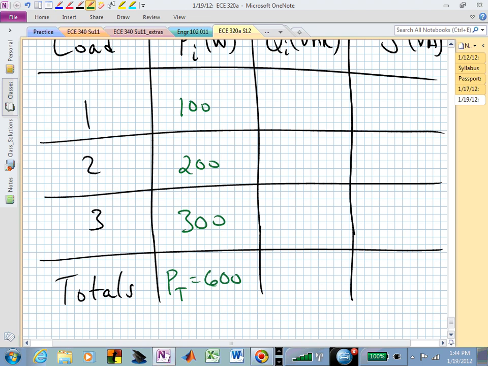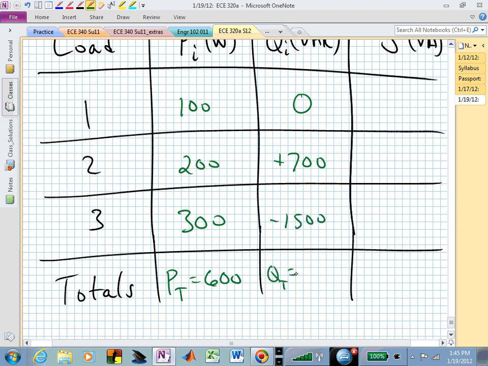For the reactive piece, the first one didn't have any. That was a pure resistive load. What was the next one? Inductive. What sign do we give Q if it's inductive? We're going up, aren't we? That's positive. That was 700. What about the third load? That was minus 1500.